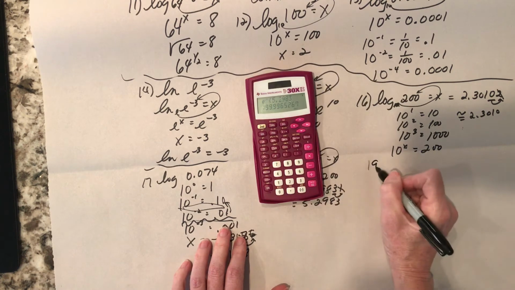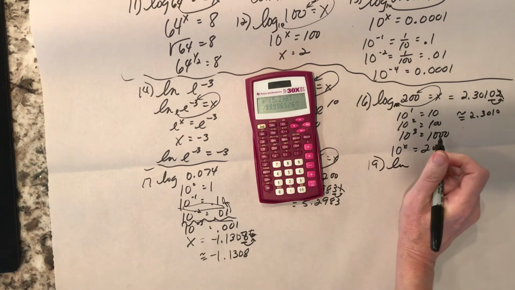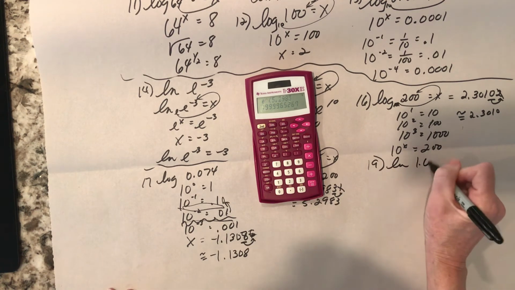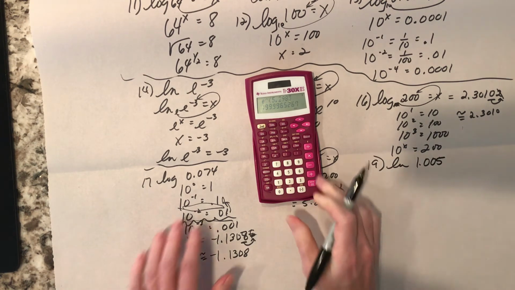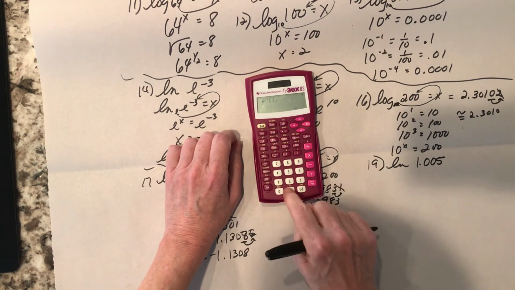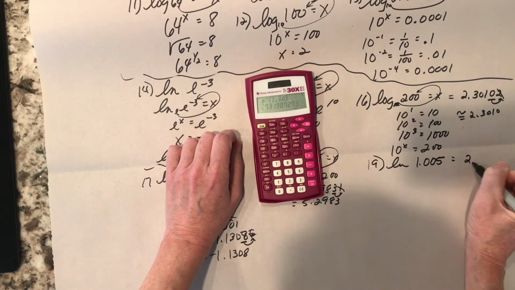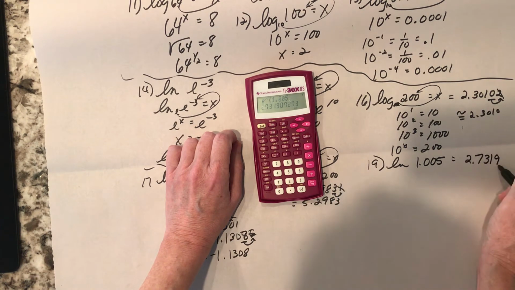Okay, let's look at number 19. We're looking for the natural log of 1.005. So just going straight forward, natural log of 1.005 equals 2.7319. So we can just drop that off.